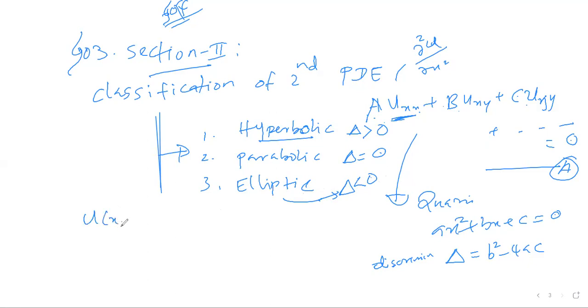Here we have u(x, y). For the purpose of classification, to get the canonical form of this equation, we can transform the x, y variables into u of zeta(x, y), and for the y variable we are transforming to neta.